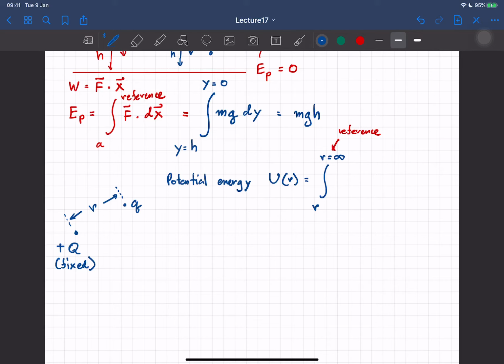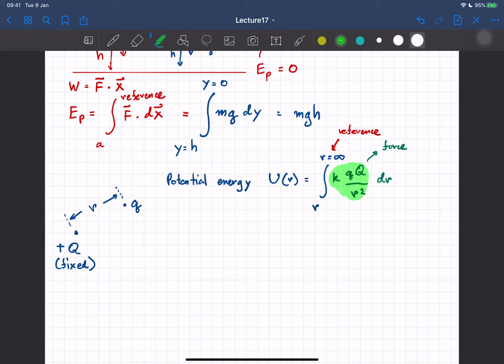And we need to integrate the force. The force between them is just the Coulomb force. So that's going to be k times q and Q divided by r squared, times dr. So this is the force, and this is the distance.